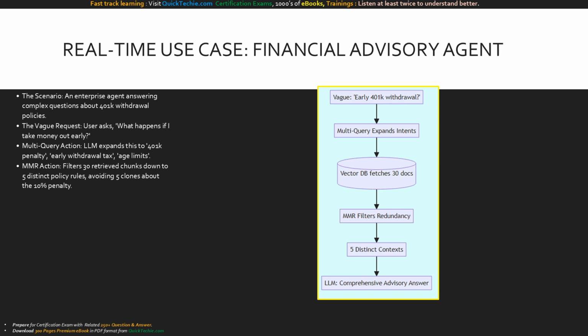We fetch 30 documents across all these queries. Then, MMR steps in. It evaluates the 30 chunks and ensures the final 5 documents selected cover the penalty, the tax bracket changes, and the specific hardship exemptions, rather than 5 clones of the penalty rule. The LLM now has a perfectly rounded context to generate a flawless financial summary.